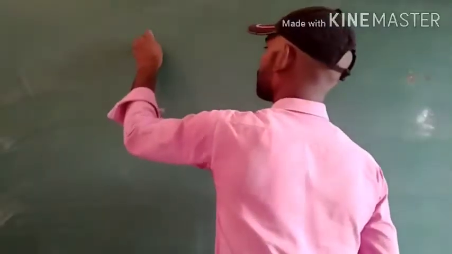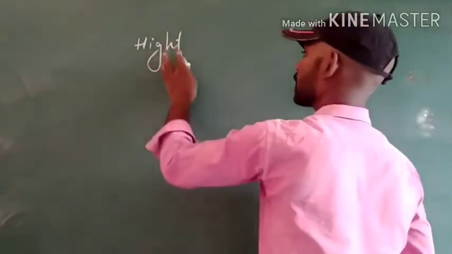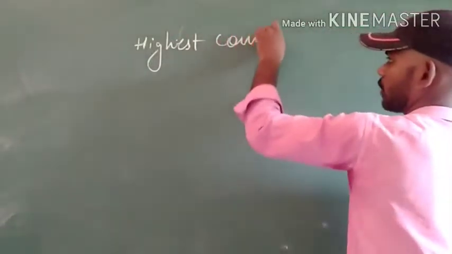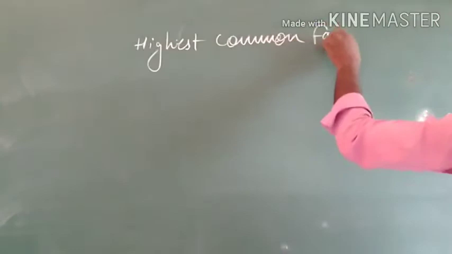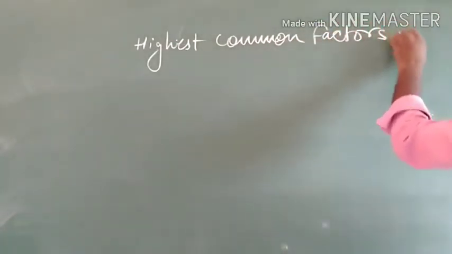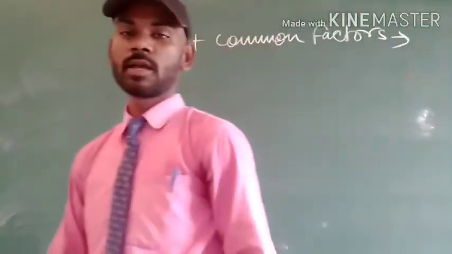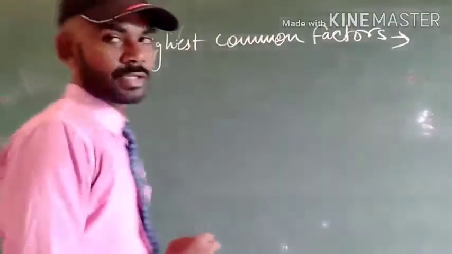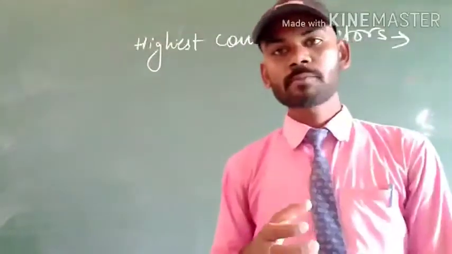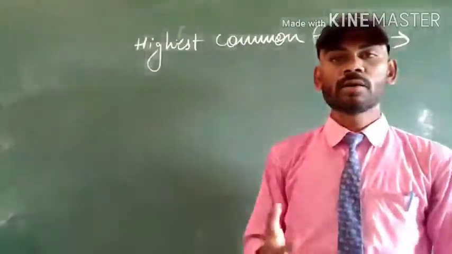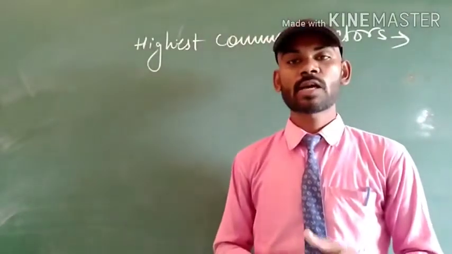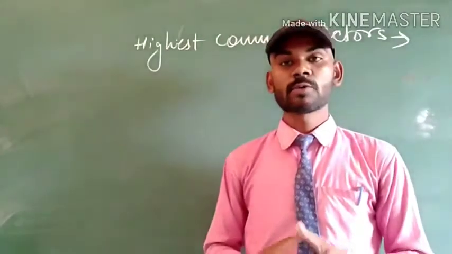In the last video we have already discussed the highest common factor, that is the HCF or greatest common divisor, and I hope you got the idea clearly, having no doubt. We saw how to find the HCF of a number, and we discussed about three methods.